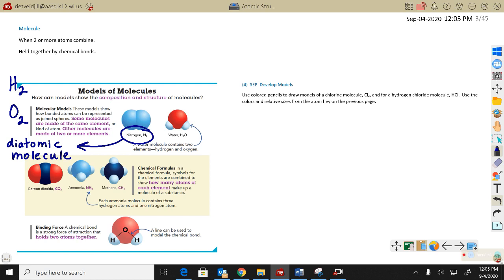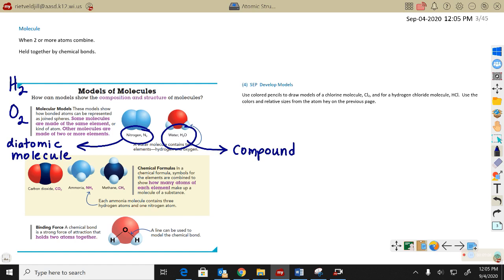Now, maybe more specifically, something like water being made of two different elements, this is often referred to as a compound. So it's still a molecule. Again, molecule is a very general term. Anytime you've got two or more atoms bonded together.